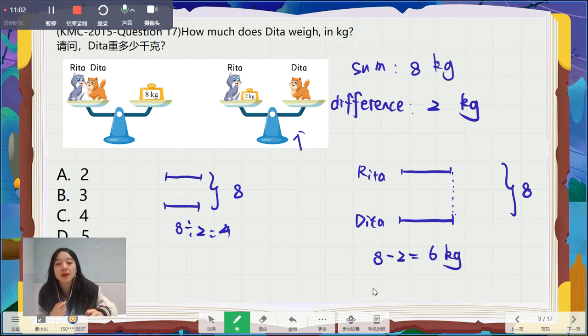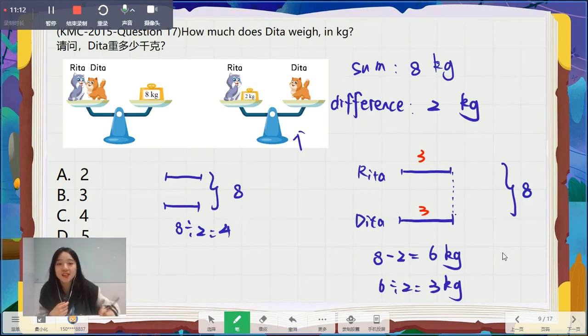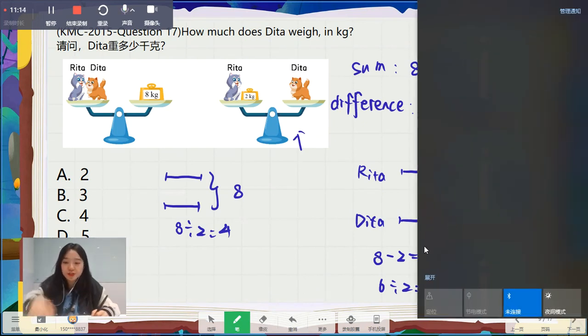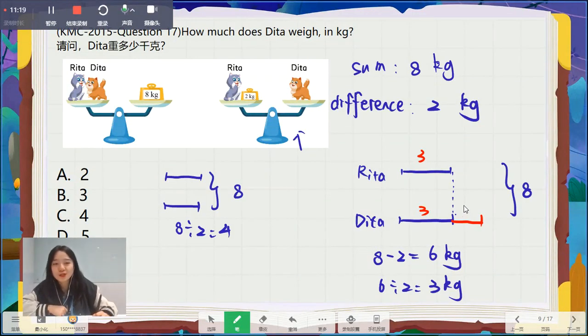But now we can divide it by 2. Equals 3 kilograms. So 3 is for each line. Don't forget, Dita still has 2 more at first. We take it away just now. So this 2 more, we should add it back.